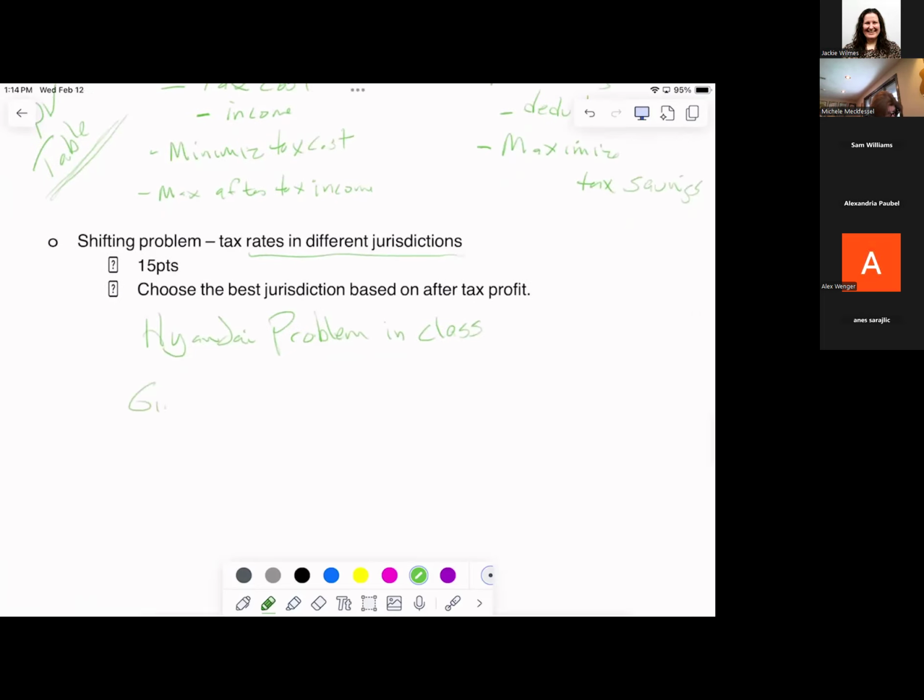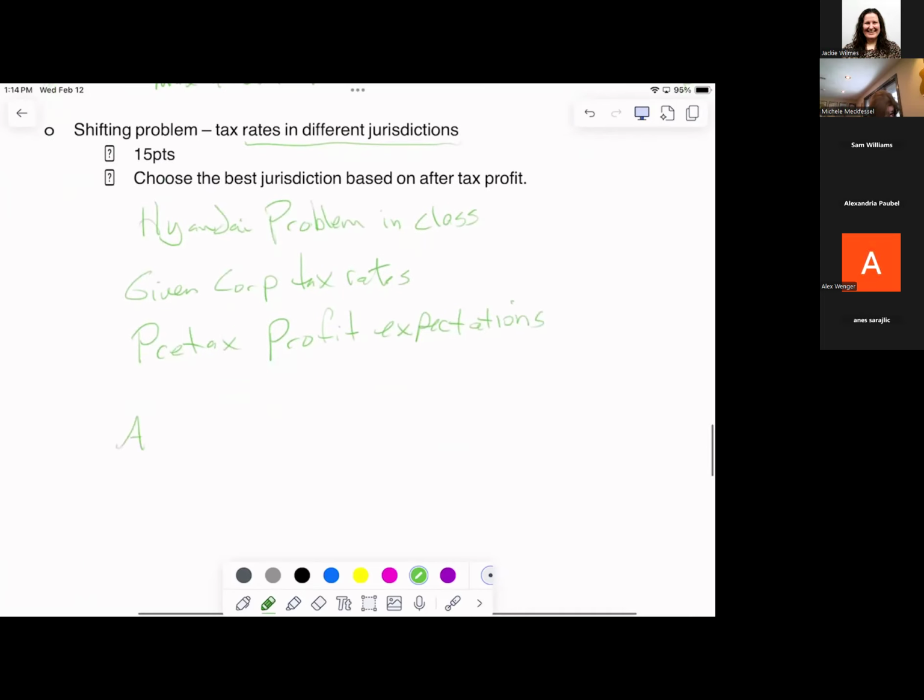So you'll be given corporate tax rates. You'll be given pre-tax profit expectations, and then you'll be asked to choose a state.